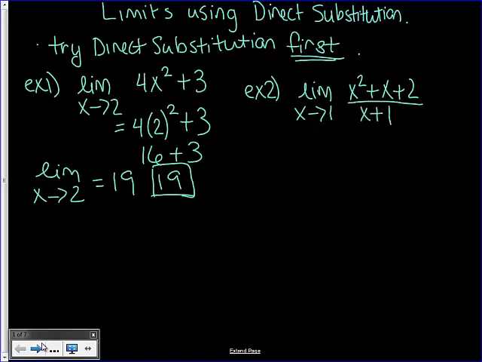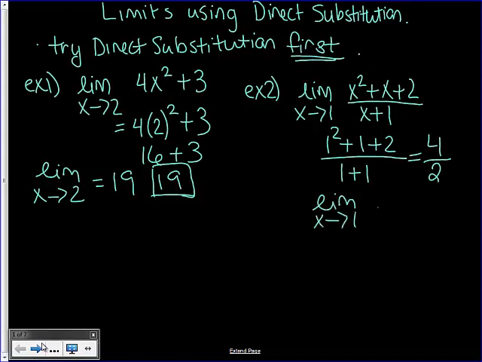Now, first thing I'm going to do, plug in 1. 1 squared plus 1 plus 2 over 1 plus 1. 1 squared is 1, plus 1 is 2, plus 2 is 4, all over 1 plus 1, which is 2. So the limit as x approaches 1 equals 2. Couple more examples. This actually is a very short, quick lesson.